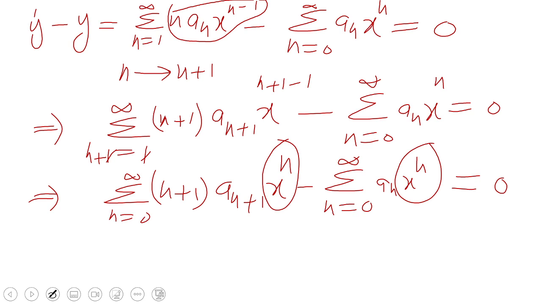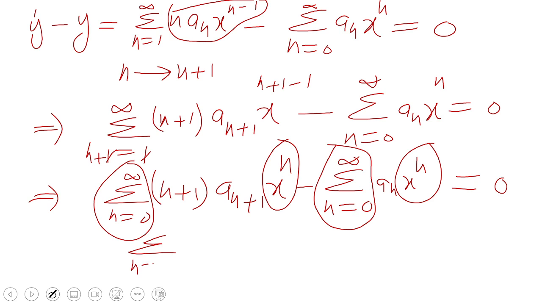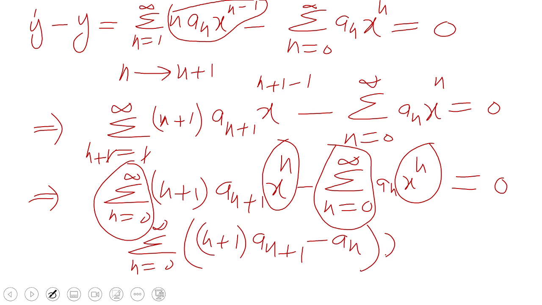Now we can take out the power and also the summation sign, because the summation starts from the same 0. So taking this common, summation n from 0 to infinity, the coefficient is (n plus 1) a_(n+1) minus a_n, and I'm taking x^n as common.